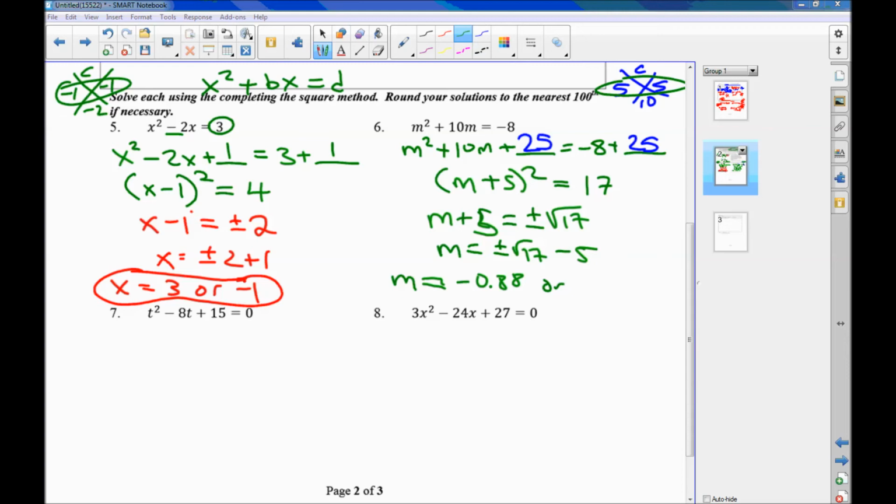So negative root 17 minus 5 gives me negative 9.12. Okay? So here are my two answers.